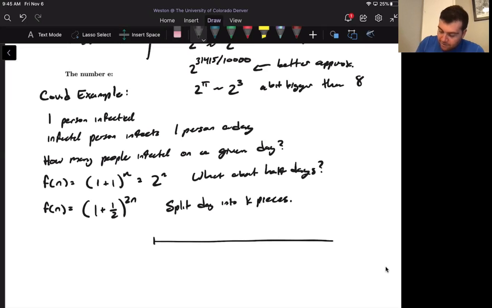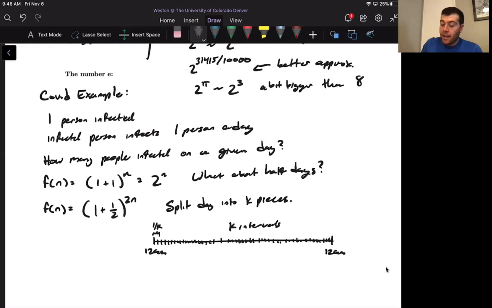So now we have 12 a.m. over here, 12 a.m. over there, and we're going to split it up into a bunch of little pieces. I know the drawing doesn't look like it, but we're going to pretend that each of these intervals is the same width of 1 over k, and we have k intervals all together.